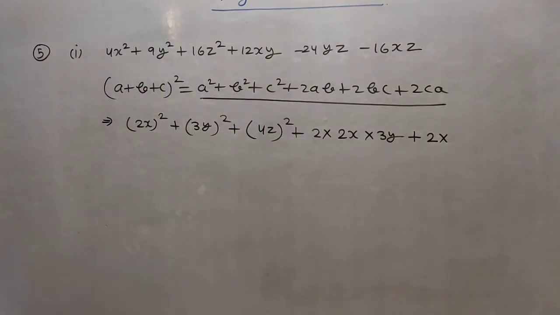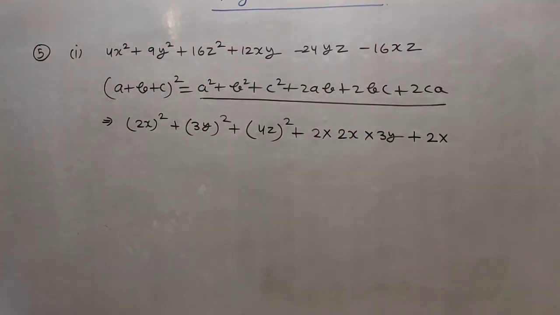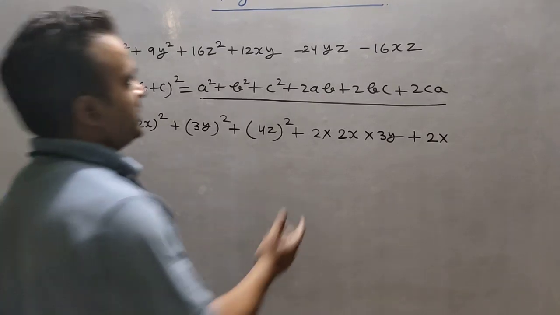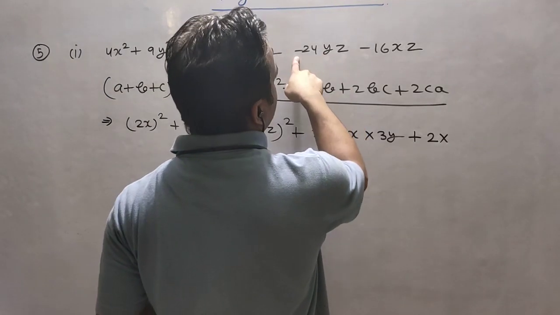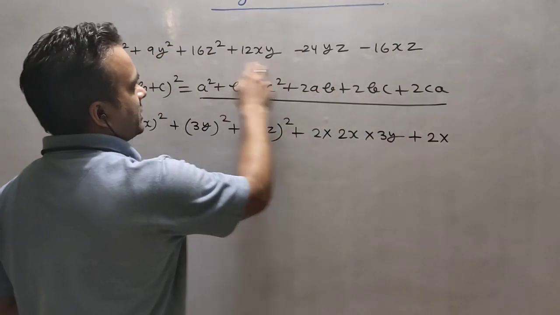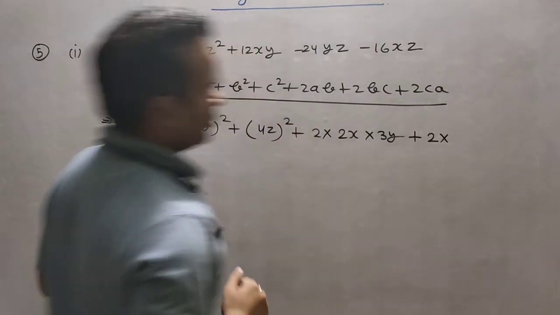So we can say that this z is responsible for this minus. Or maybe there is one more option. Maybe y is in minus form and here x is in minus form, and if both are in minus this will be positive, so we can take this one also.